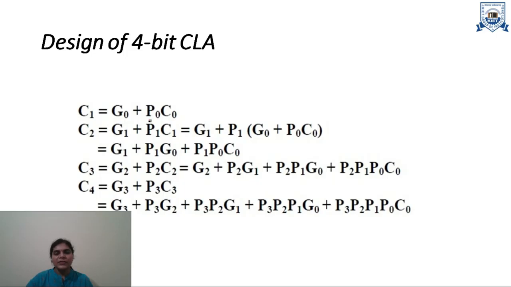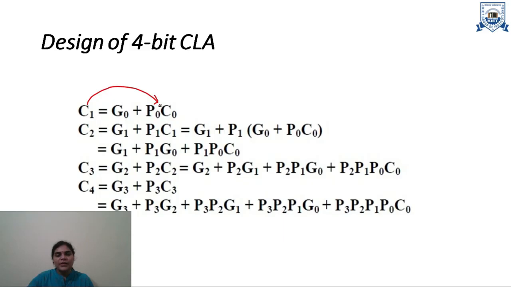After solving these equations, we will get C1 equals G0 plus P0 into C0. C2 will be G1 plus P1 into G0 plus P1 into P0 into C0. As you can see, C1 depends on C0, which is the initial carry, and it is 0.